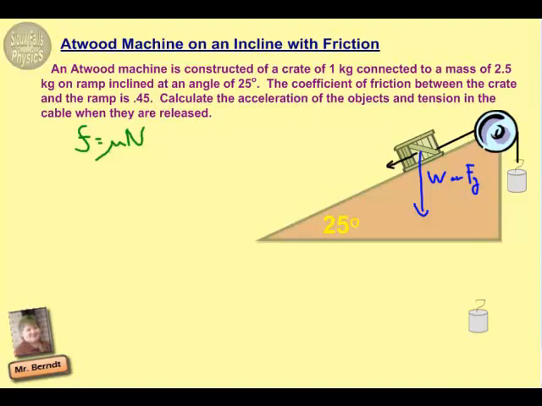So the normal would go upwards. Remember, the normal is always perpendicular to the surface. And then we have a component that's going this direction along the ramp. And this component here is what actually causes it to accelerate. If there was no weight hanging off the other end, that might cause it to move in the other direction.